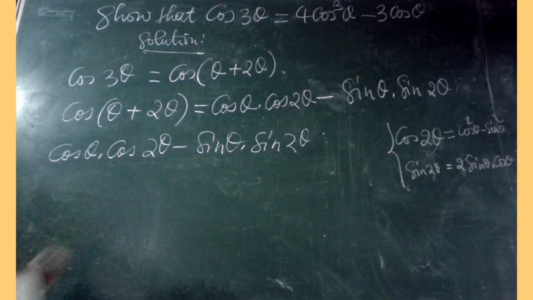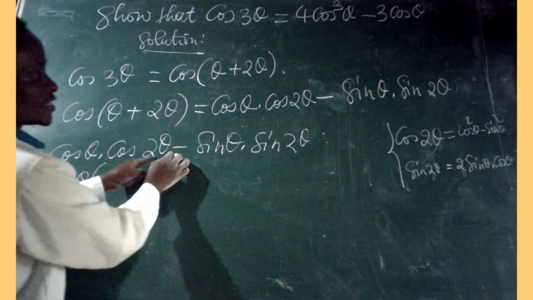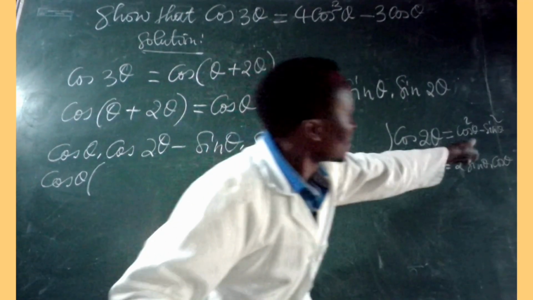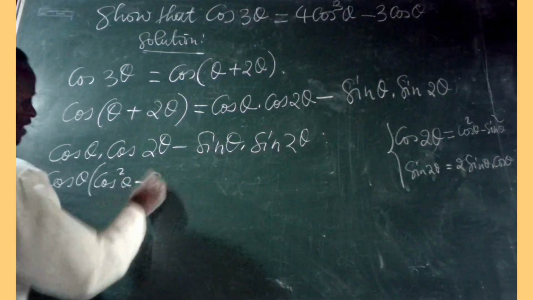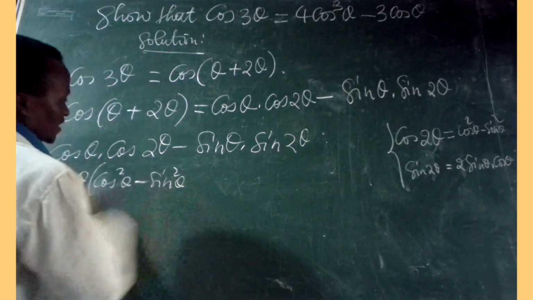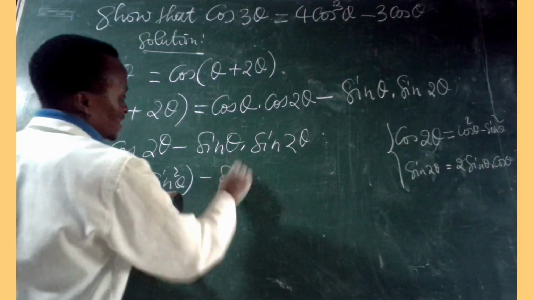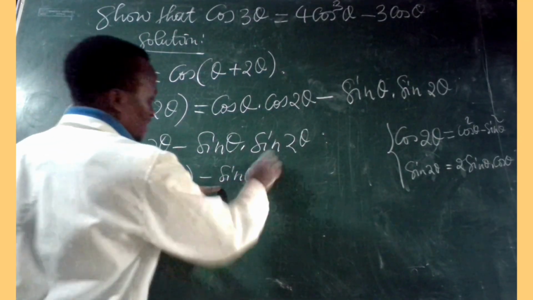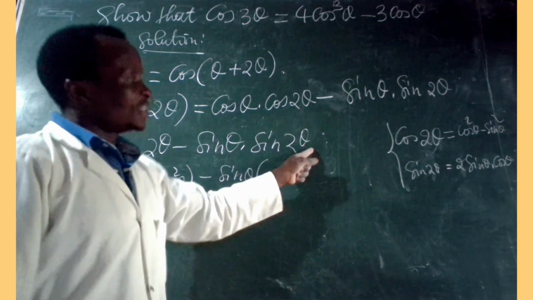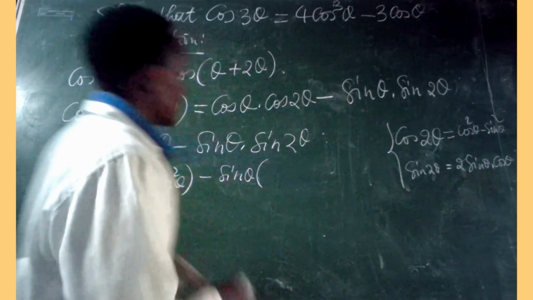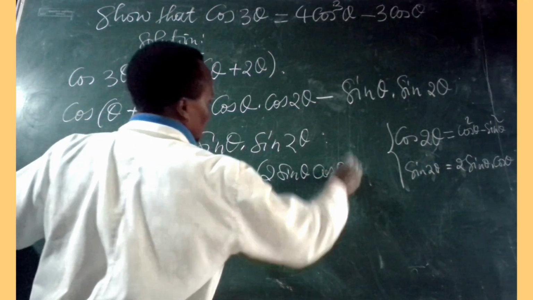Now let us continue. Here we have cosine theta times cosine 2 theta, which is cosine square theta minus sine square theta, minus sine theta times sine 2 theta, which is 2 sine theta cosine theta.